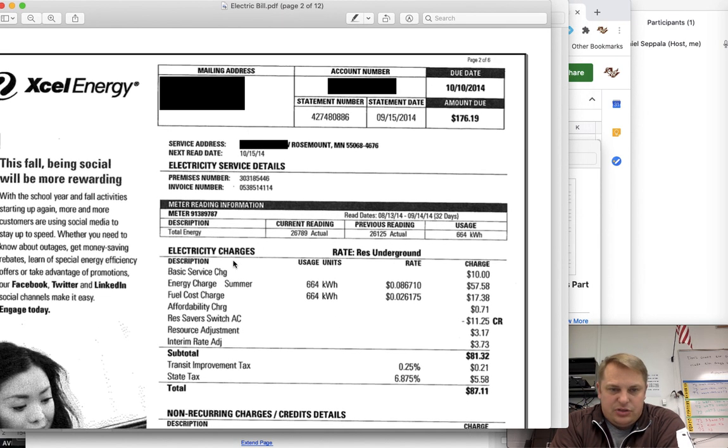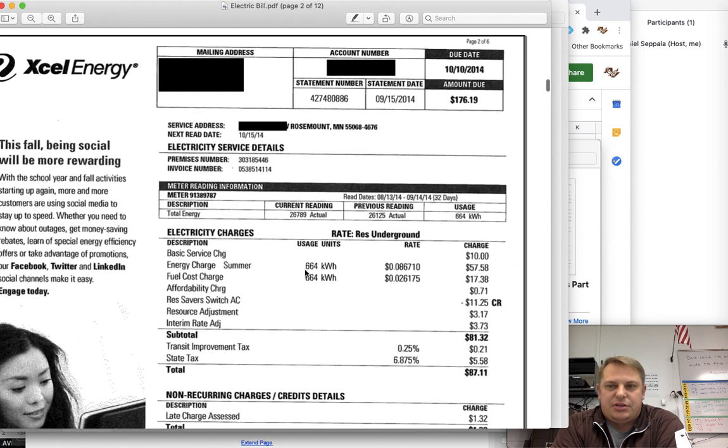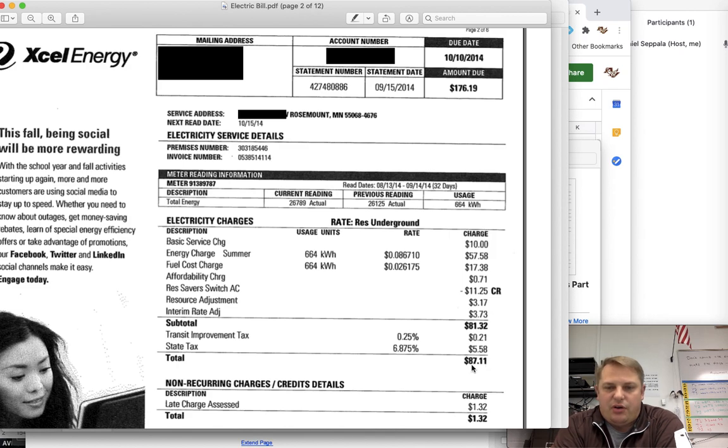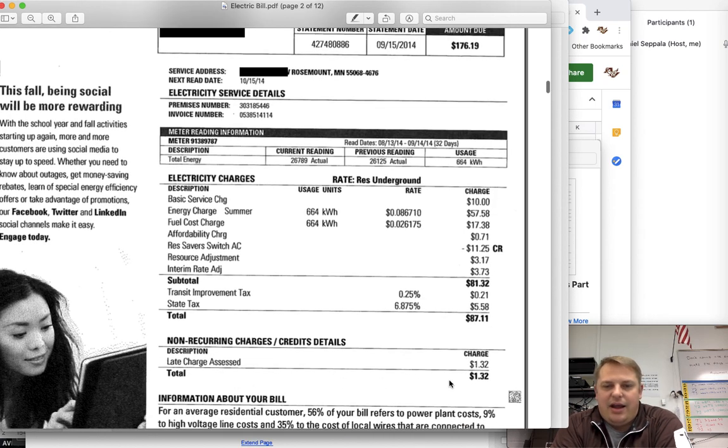A lot of people look too specific and try to dig up some of these things. But what it really boils down to is, here's the total for the current month. They added on $1.32 as a late charge. That's the key to where the rest of it comes from, because that's still only $88.43, and the total amount due was $176.